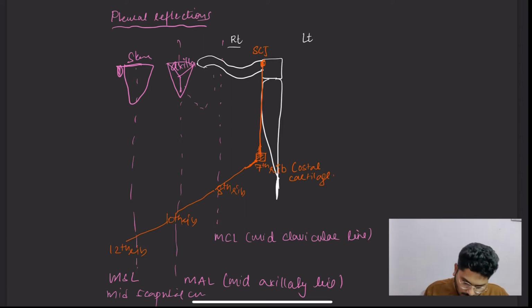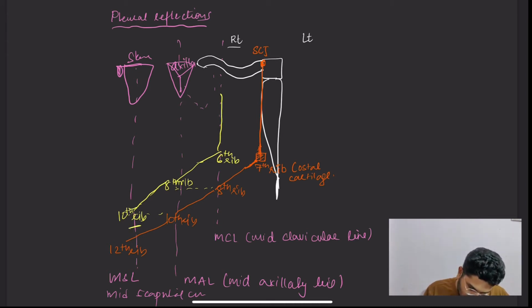What about the lungs? The lung's inferior border is something different. It is related to the sixth rib in the mid clavicular line, the eighth rib in the mid axillary line, and the 10th rib in the mid scapular line.